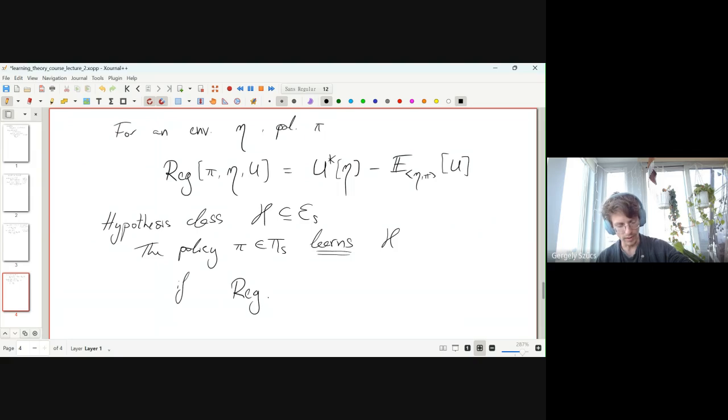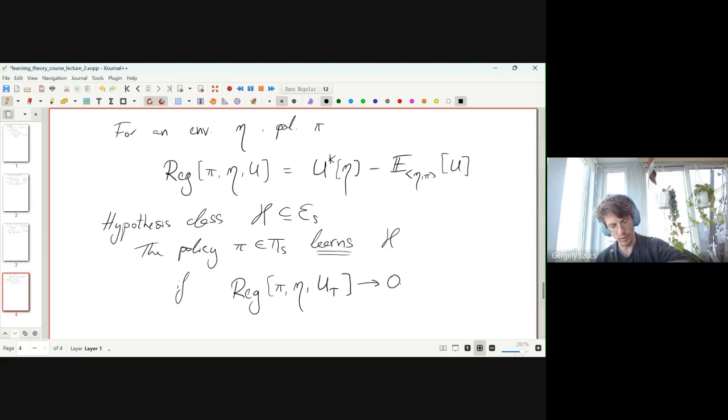Here we're going to use this for a utility defined for a certain reward function, so I'll write u sub t here.